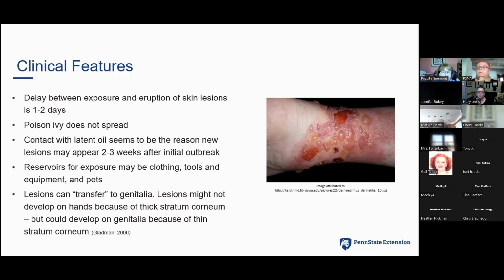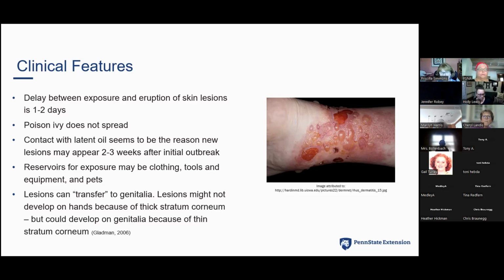Be sure to remember that reservoirs for exposure can be clothing, tools, equipment, pets, and all of these things are known as vectors, meaning that they can spread something that causes a disease or a disorder.